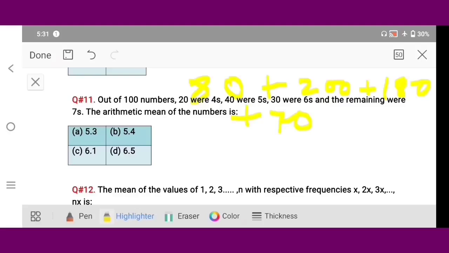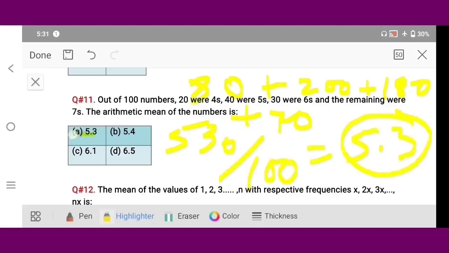So the sum will be 200 plus 100, 300, 80 plus 80, 160, so it gives 460. 460 plus 70 gives 530. So 530 divided by 100 numbers, the answer is 5.3. So option A is correct.